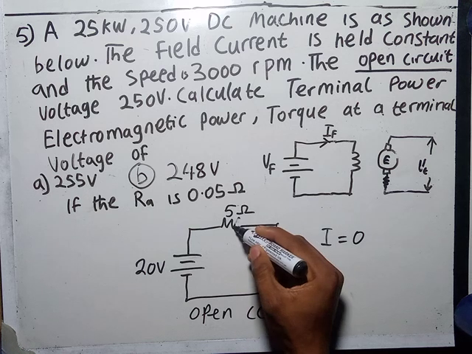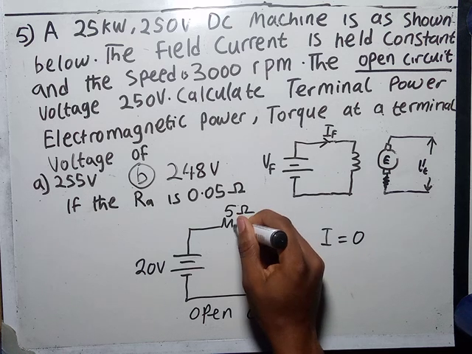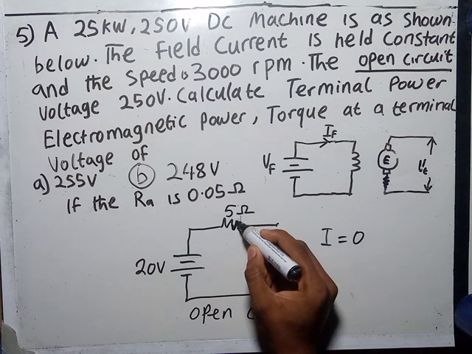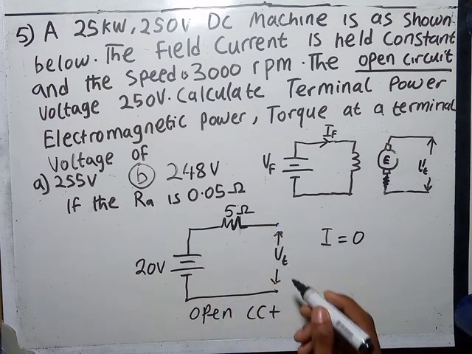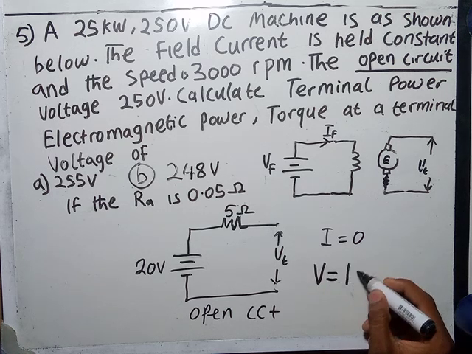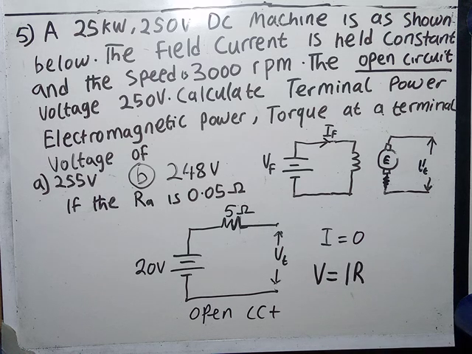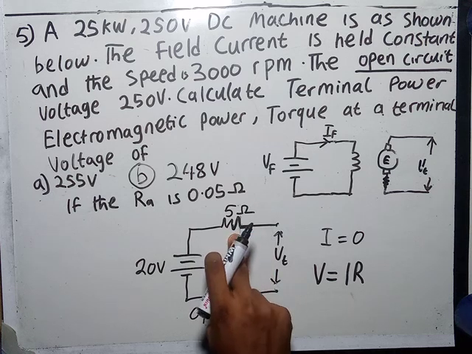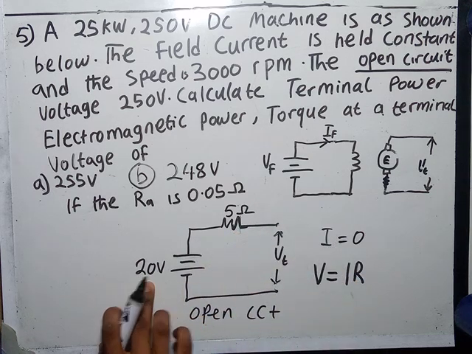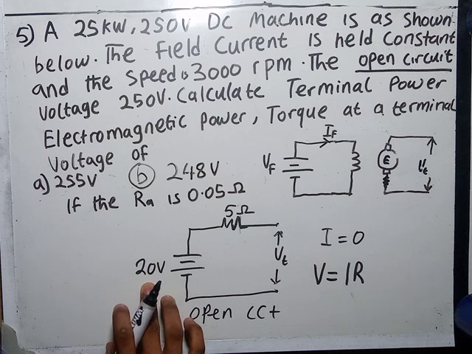and hence since there is no current, there is no voltage drop across the resistance, because for voltage to drop across the resistance, there has to be a current to satisfy this rule. So there will be no voltage drop here, and VT will be equal to the battery's voltage, which is 20 volts.